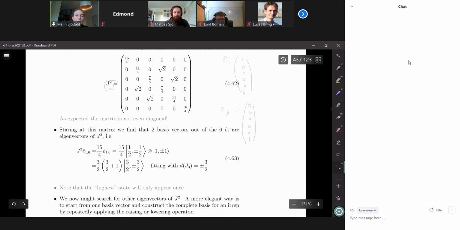And we find here that the eigenvalue is 15/4. So there are at least two eigenvectors with eigenvalue 15/4.